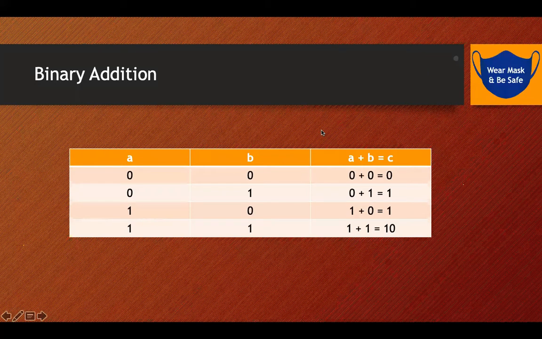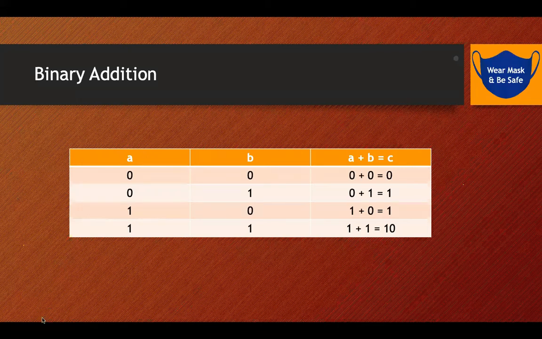Understood? So 1 plus 1 equals 10, because 2 is not there in binary. That is why 1 plus 1 is 10.